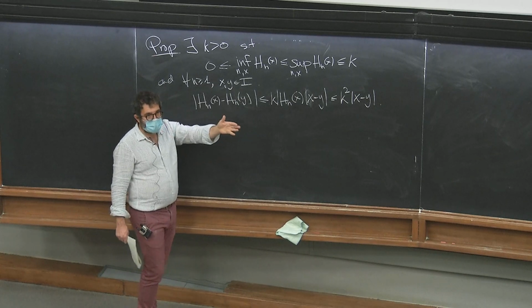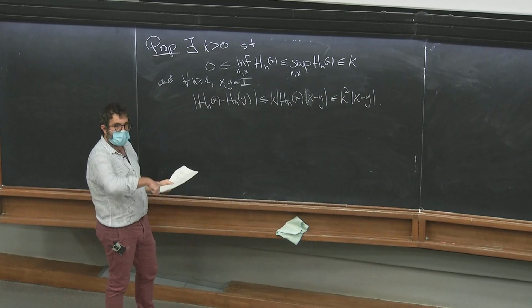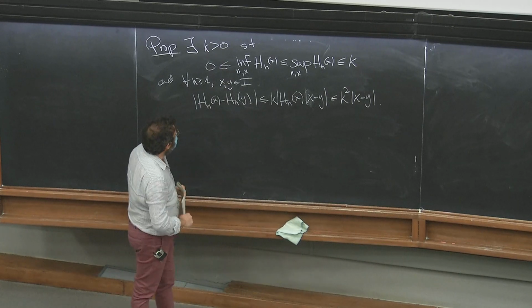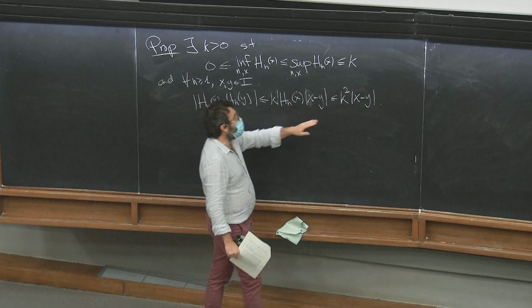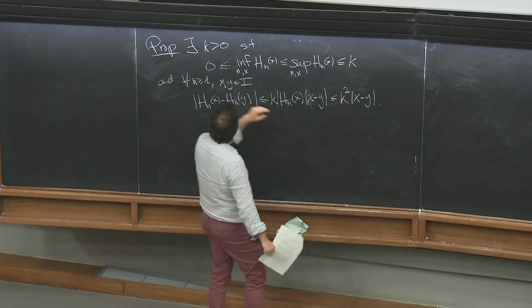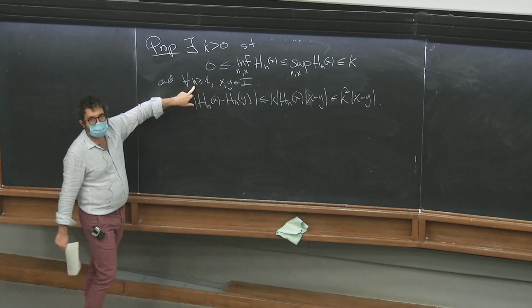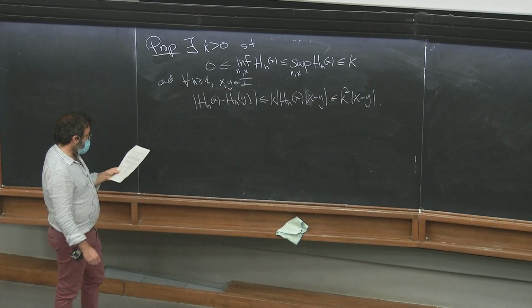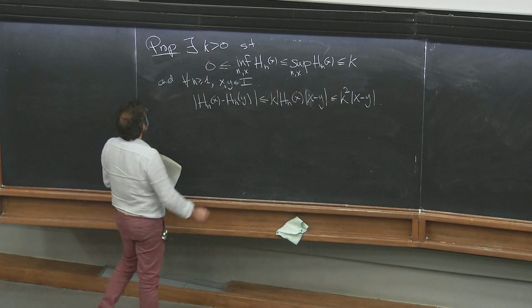Our example is not Lipschitz, it's discontinuous. In our example, it's a step function like this. So this is Lipschitz with a uniform Lipschitz constant that does not depend on n. And this implies the theorem.